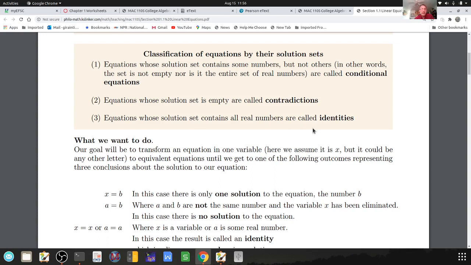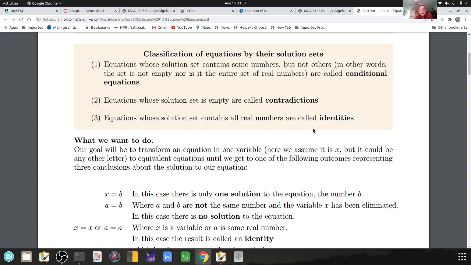We can classify cars by their color, or by their make, or by their model. So the fact that I'm actually giving you another classification of an equation should not come as a surprise. But here's the end result of that.